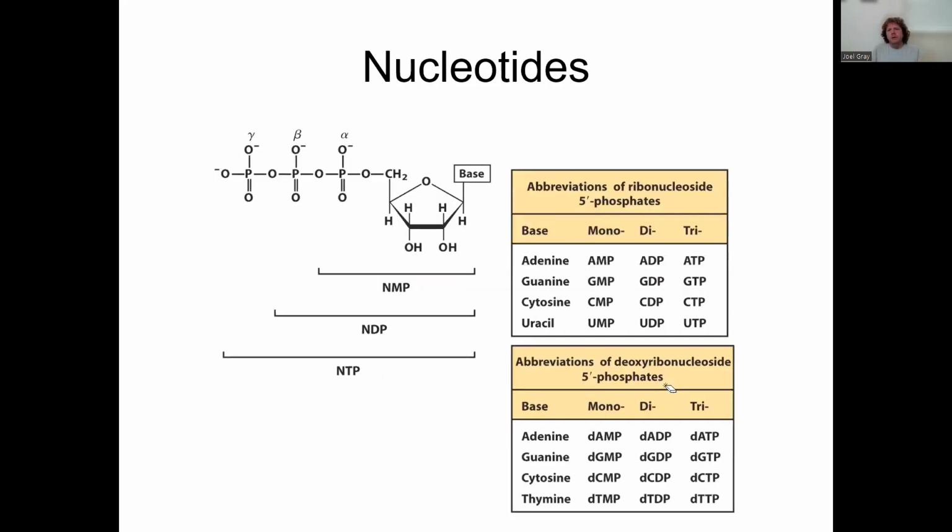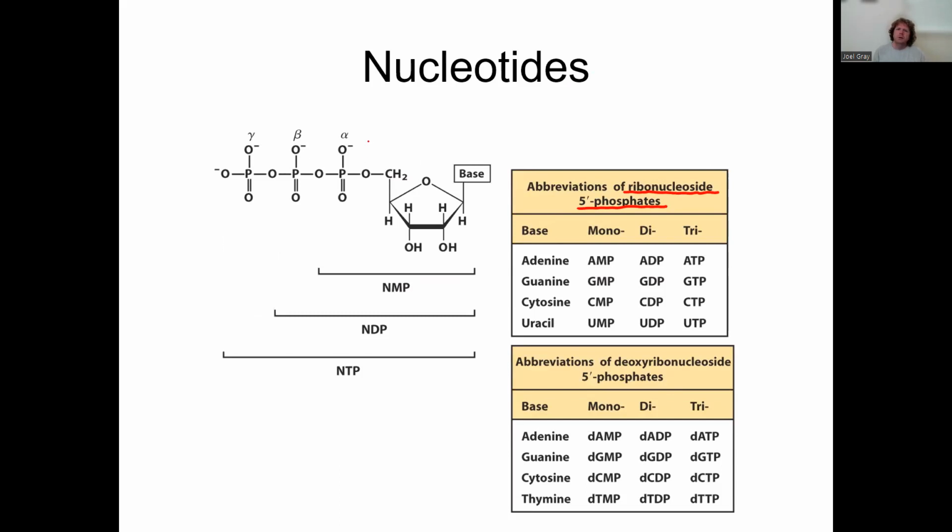Now, with that in mind, let's look at abbreviations for a ribonucleoside 5-phosphate. That's something that I think you'll recognize is not redundant, but it's a weird sort of terminology.